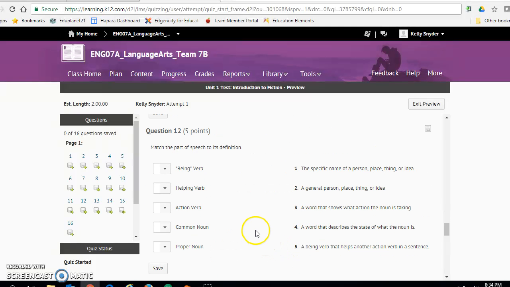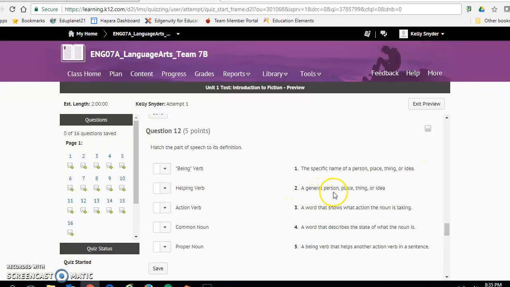Question 12 is matching. You're going to match the part of speech to its definition. Okay, so we have being verbs, helping verbs, action verbs, common nouns, and proper nouns. And then we have the definition. Which one is the specific name of a person, place, thing, or idea?